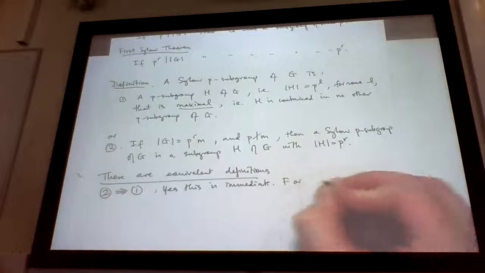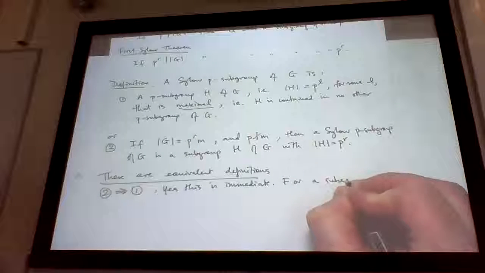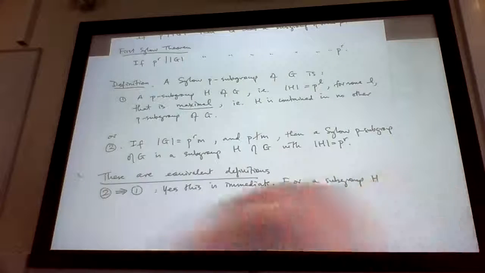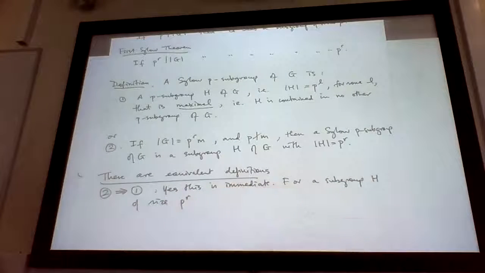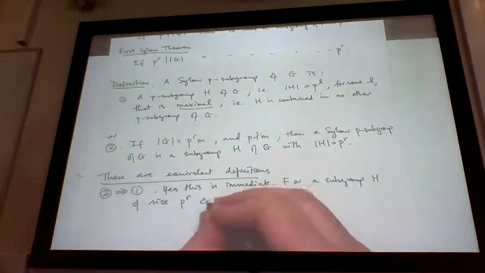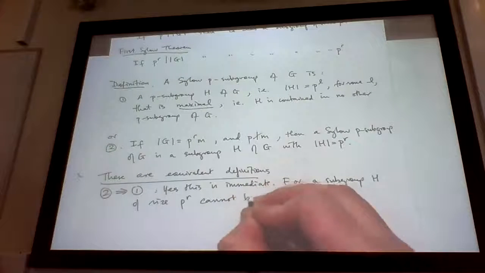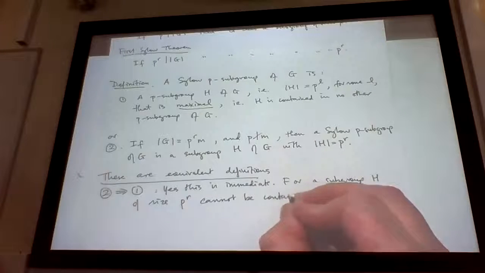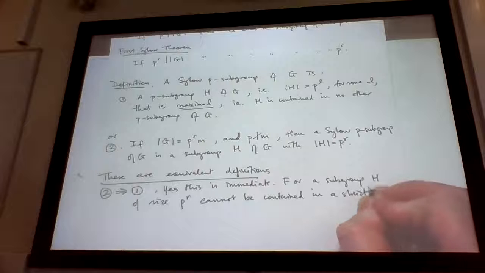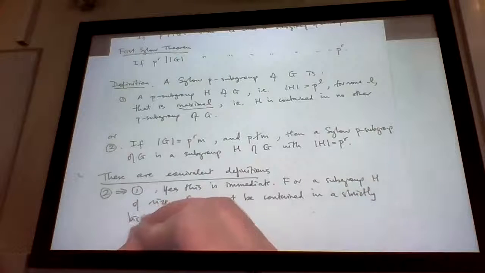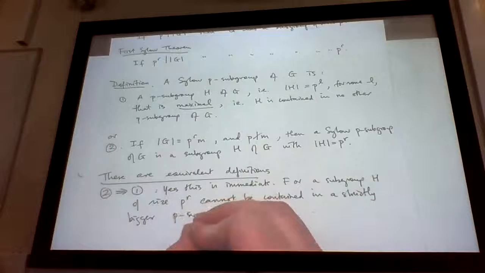A subgroup H of size P to the R cannot be contained in a strictly bigger P subgroup of G. Why not?